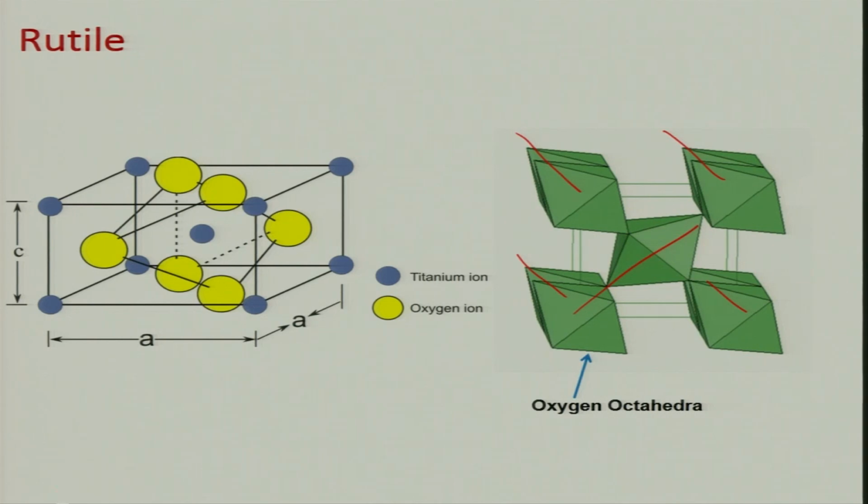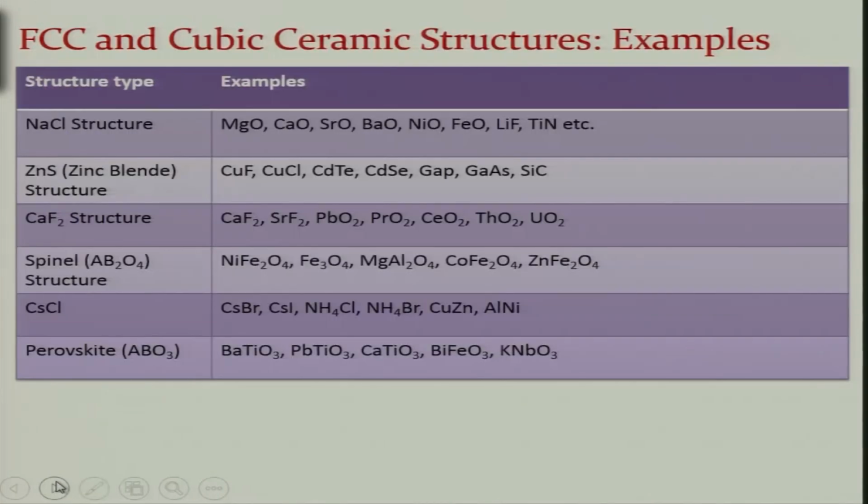So this is where we end the structure of ceramic materials module. We looked at FCC and cubic based ceramic structures, which include sodium chloride, zinc blende, fluorite structured materials, spinels, cesium chloride and perovskites. Not all of them are dielectrics, but many are, especially the perovskite structured compounds.